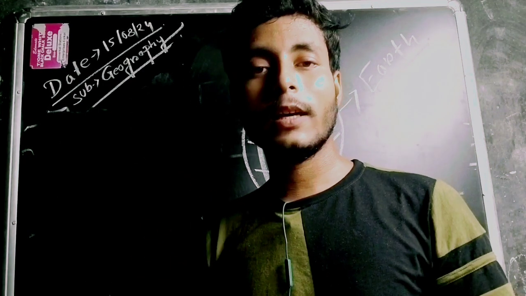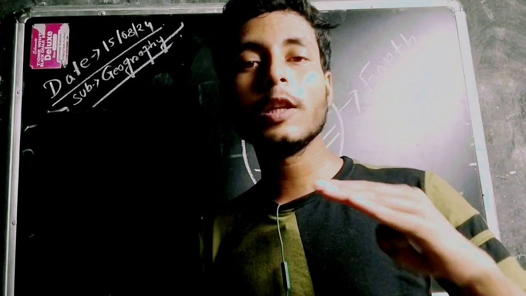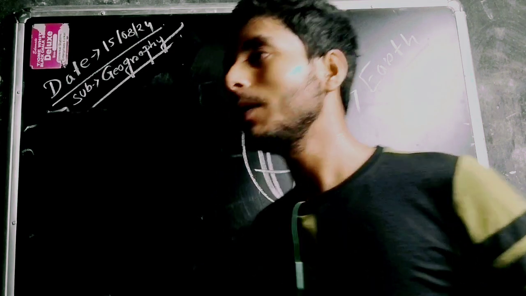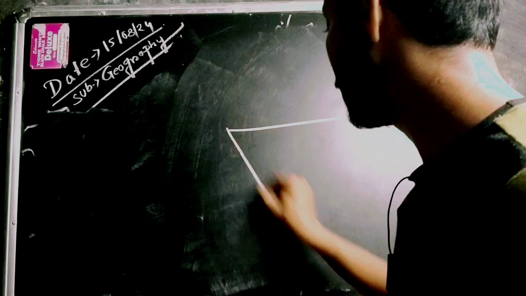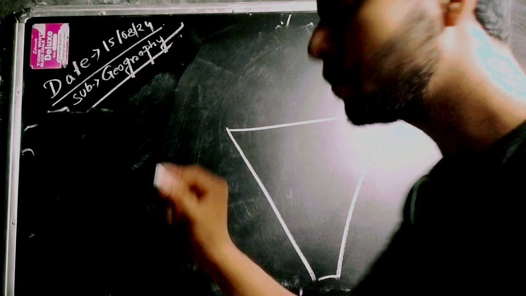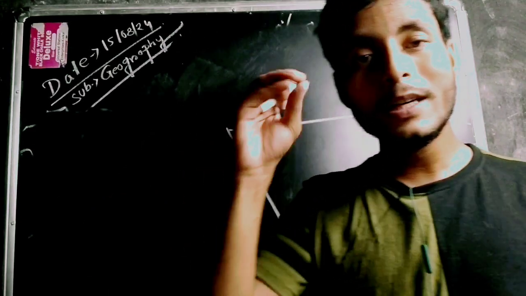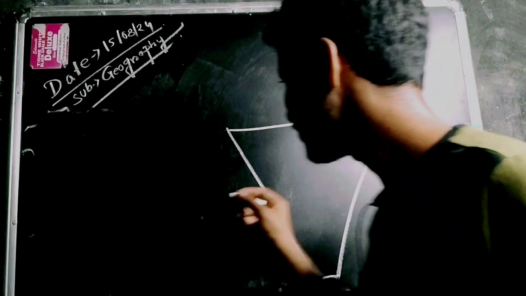We can see the outer portion of the earth, but we cannot see the inner or interior portion of the earth, the portion that is deep inside, inside the soil.